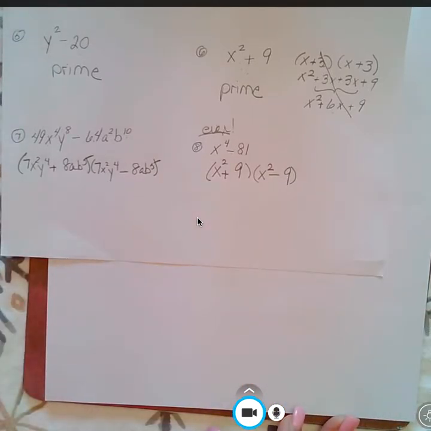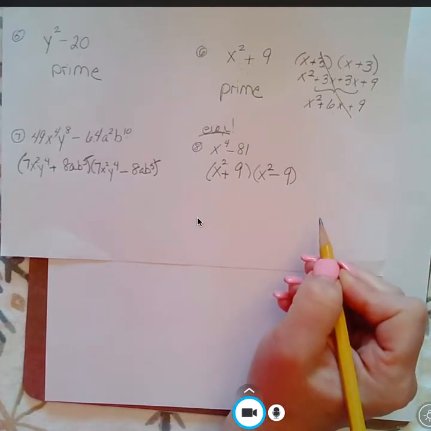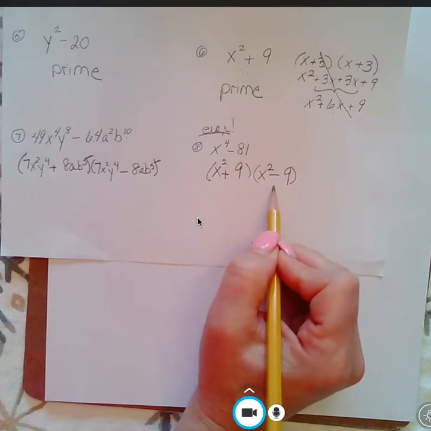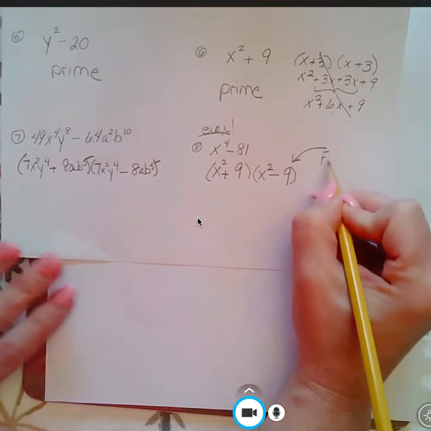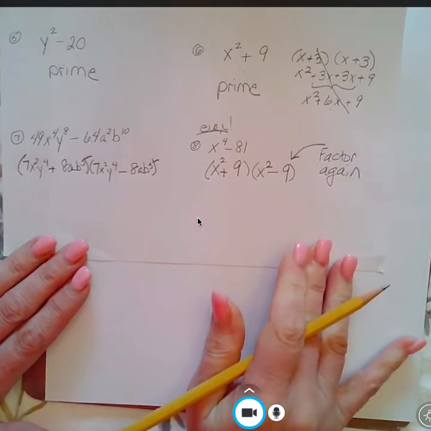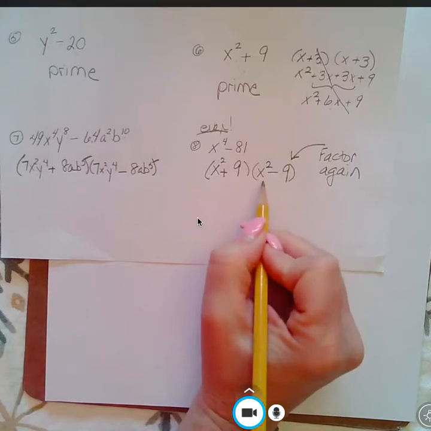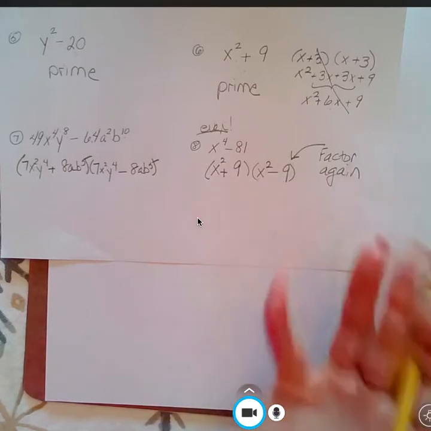Okay. So now at this point, we can actually go one step further. As I look at both of these, I can actually factor this one again. How do I know I can factor it again? Well, I look at my criteria, which was two square terms, minus in the middle, and of course the two terms.